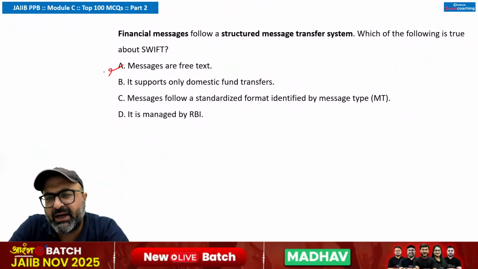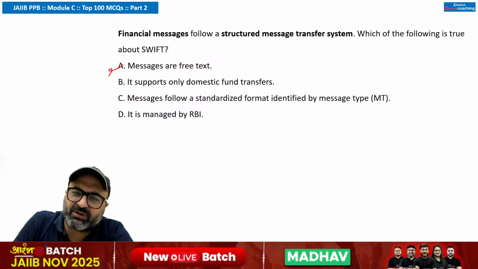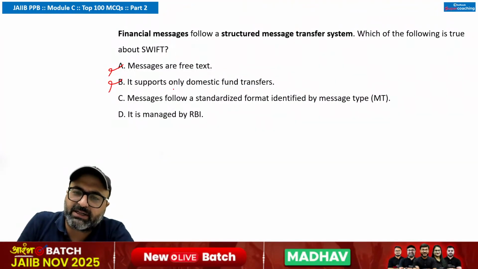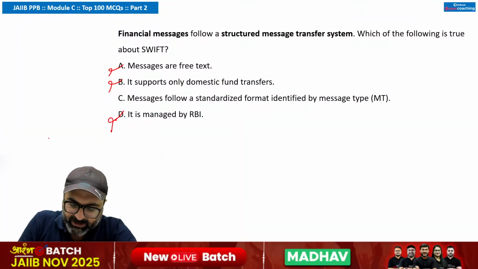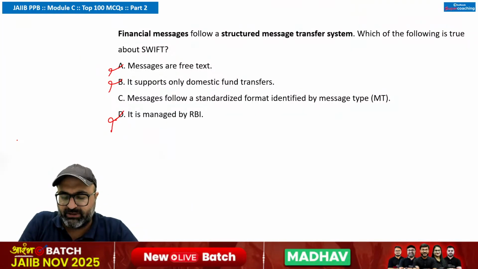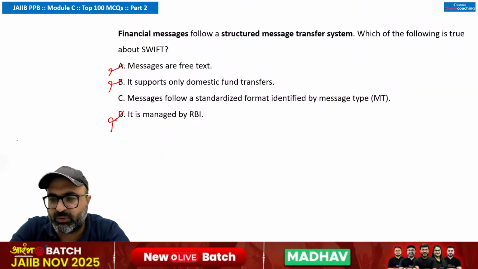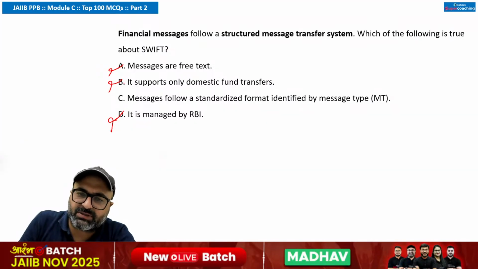Second is, it supports only domestic fund transfer. No, sir, it is basically for global fund transfer. Then it is managed by RBI. No, sir, Swift is not managed by RBI. Rather, it's an international level network which is managed by Belgium-based cooperative, not RBI. So this is again incorrect.